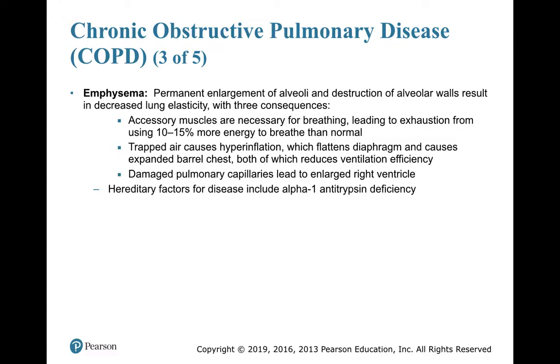Trapped air can cause hyperinflation, and that will flatten the diaphragm and cause the expanded barrel chest that is typical of these patients. And damaged pulmonary capillaries lead to enlargement of the right ventricle of the heart. One of the hereditary factors we know for this disease is an alpha-1 antitrypsin deficiency.